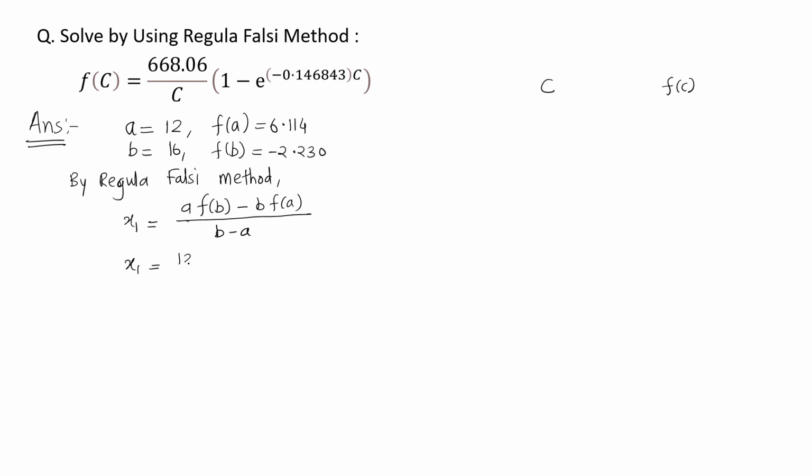Put the values: f of b is minus 2.230, b is 16, f of a is 6.114, divided by b minus a, 16 minus 12, and solve this. We will get x1 as 14.309.